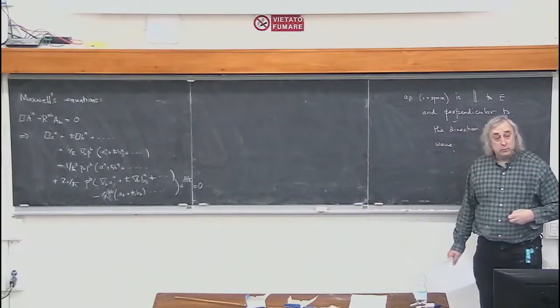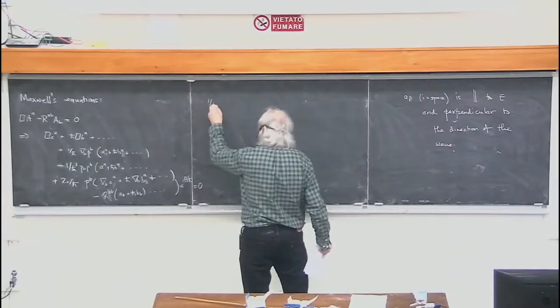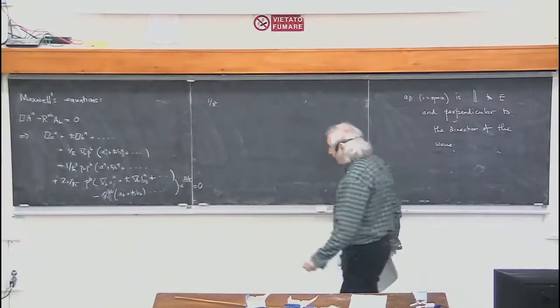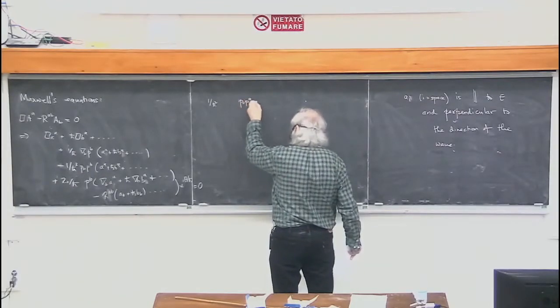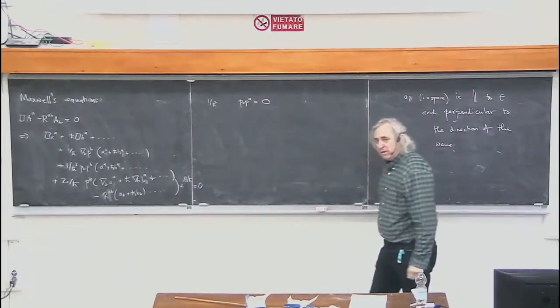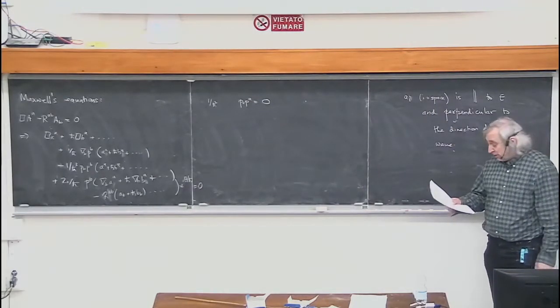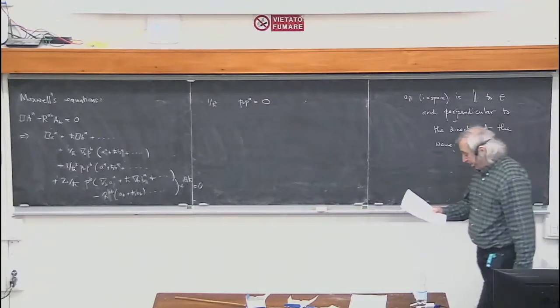Let's look at order 1 over ħ². That just tells you that P² is equal to 0. In other words, the momentum, or the surfaces of constant phase, have normals which are null. So it corresponds to a light ray.